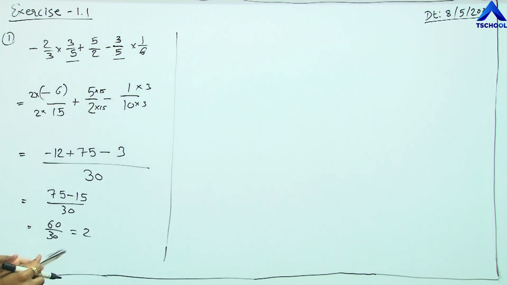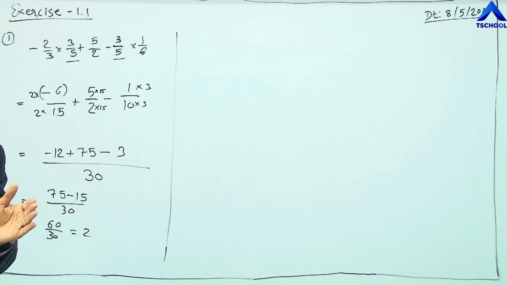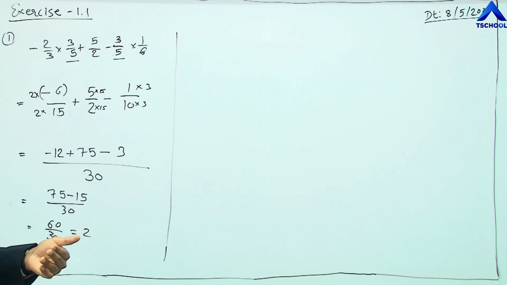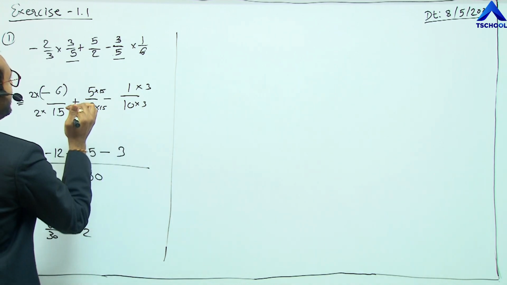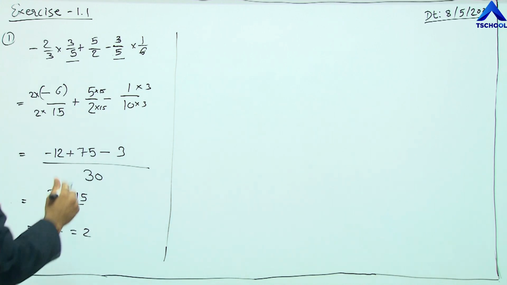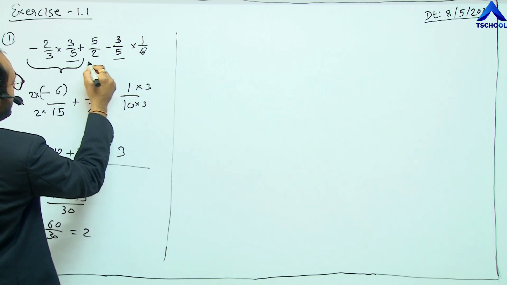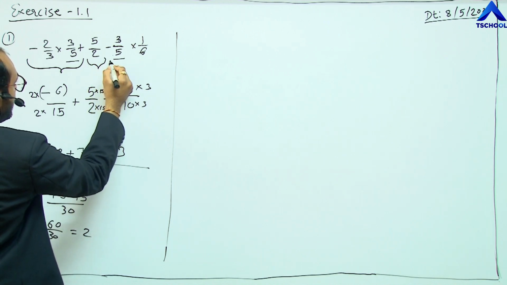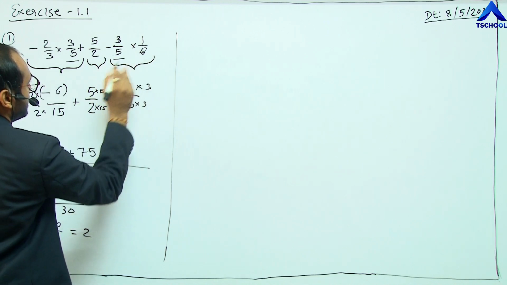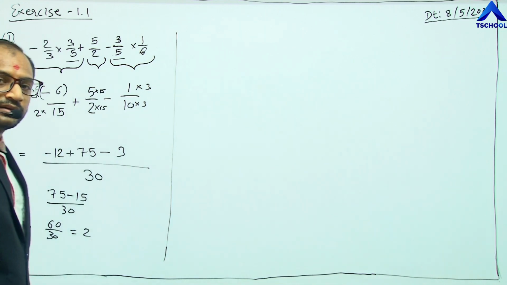And we know that addition is commutative. Here addition is commutative, that means we can change the two terms, like first term is this, second term is this, and third term is this. Is it clear?